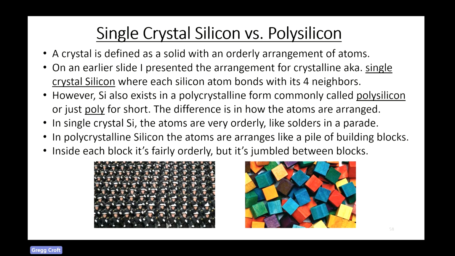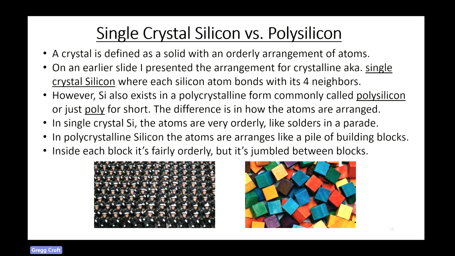However, silicon can also exist in what's called a polycrystalline form. They're both silicon, and the only difference is the arrangement of atoms. And this other form is called polysilicon, or just poly for short. Once again, poly is a type of silicon, single crystal is a type of silicon. The only difference is how the atoms get arranged.